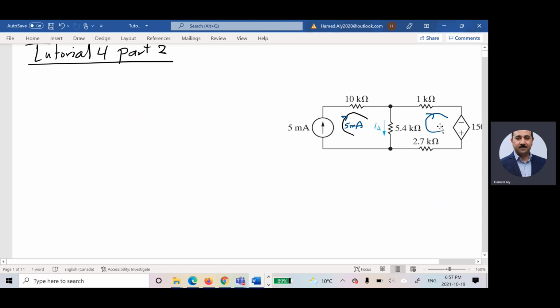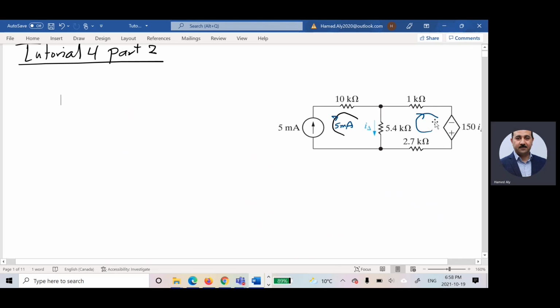What about the current in this guy? I don't know, because I don't know the current in this branch. So I'm going to assume it, like my friend said, it's I1. Then I will say summation, the voltage for each mesh is equal to 0.